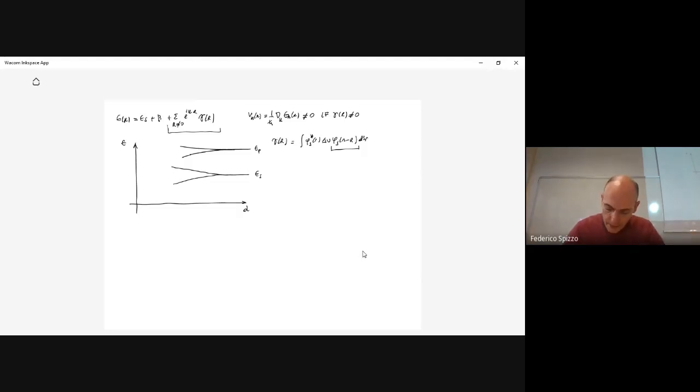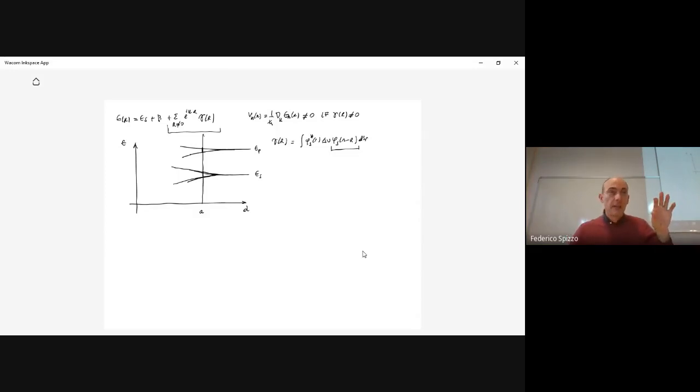If we suppose that this is the lattice spacing, then at that point the width of the band is related to the distance between the two lines that you have here, between the lower line and the upper line. Is it clear for you what is the meaning of width of the band?